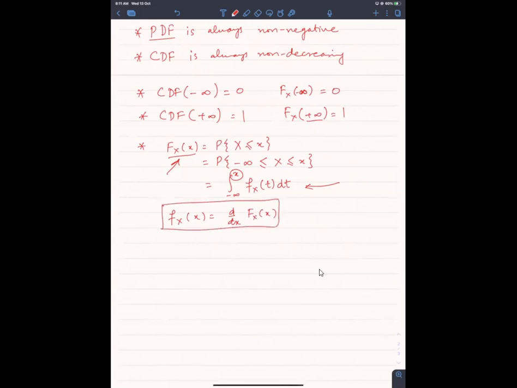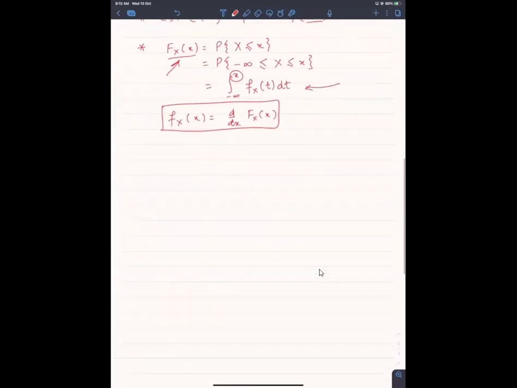These relationships are going to be very useful when you are finding the probability density function of a random variable. तो आपको एक random variable x दिया हुआ है, उसका probability density function भी पता है, and now you are being asked that y is some function of x, and try to find the probability density function of y, and we will take a look at that example.